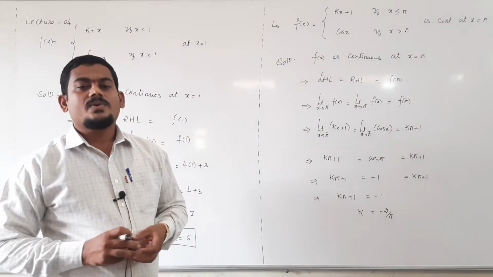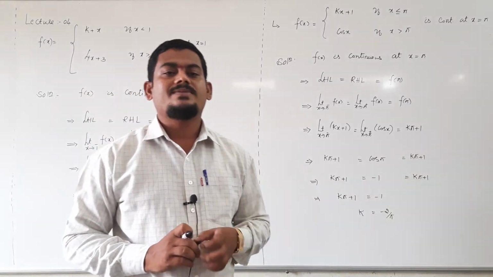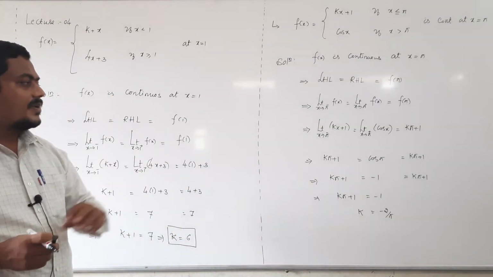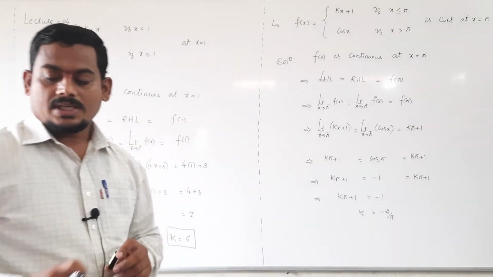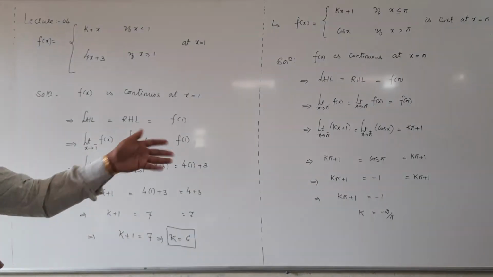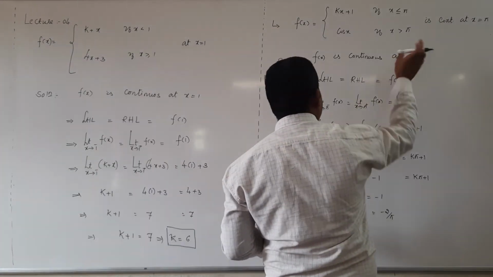Finding the k value and finding the values of a and b, these model problems are very important, right? This is also an important question. k equal to minus 2 by pi once the function is continuous at x equal to pi.